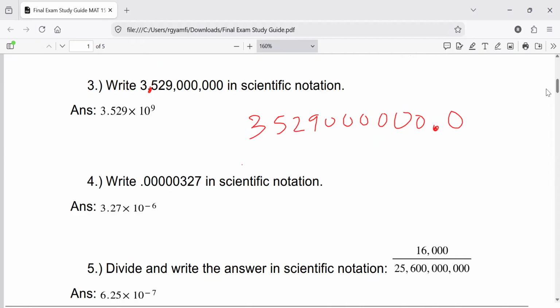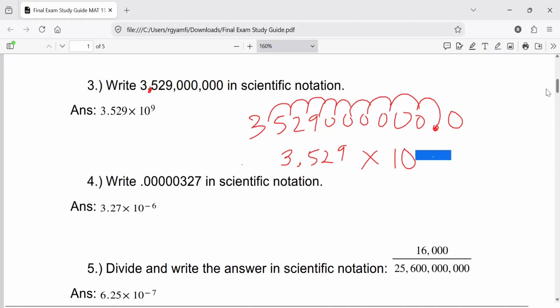So I've got a point here, so I'm moving the point 1, 2, 3, 4, 5, 6, 7, 8, 9. 9 times. So that gives me 3.529 times 10 to the power 9. Again, you could go back and watch the video I made on scientific notation.